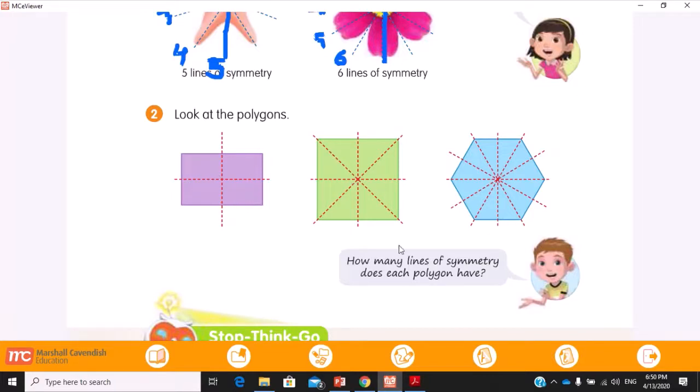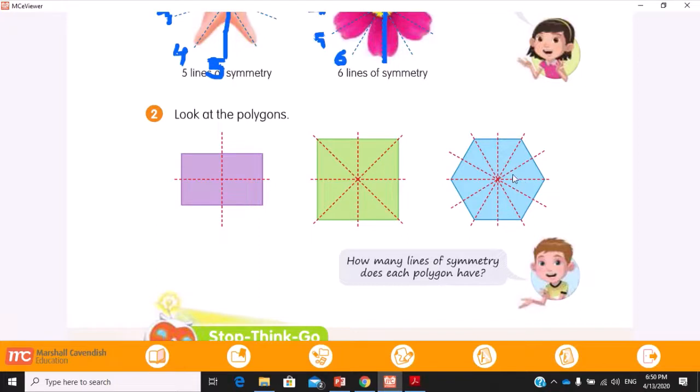Okay, let's take a look at our square. In our square, how many lines of symmetry did they make for us? We have 1, 2, 3, 4. So we have 4 lines of symmetry. Don't look at these other lines of symmetry, just take a look at the first area, the half of our object.